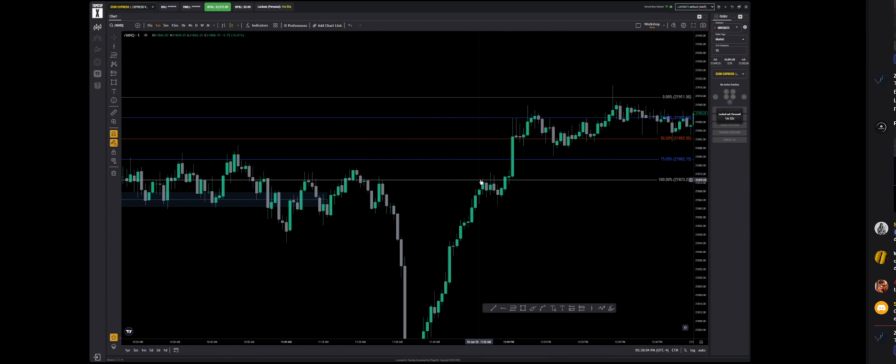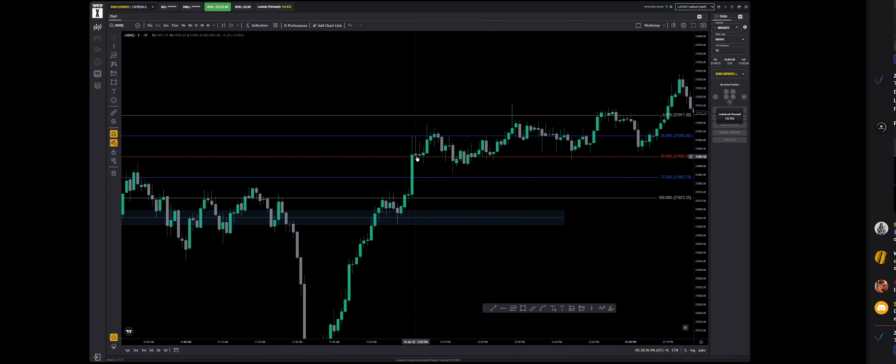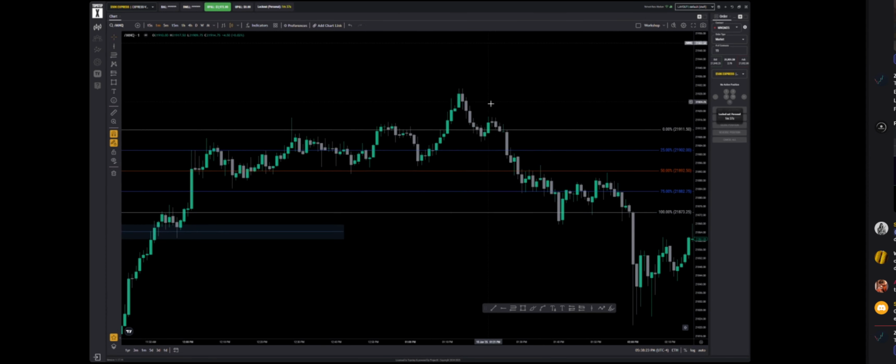Okay, that's how the confluences are added. BPR above 50, overlapping fair value, all these levels. Yeah, came back below 50, closed.